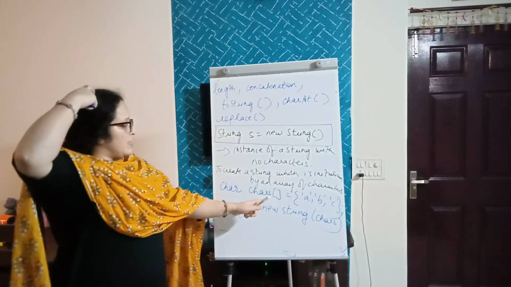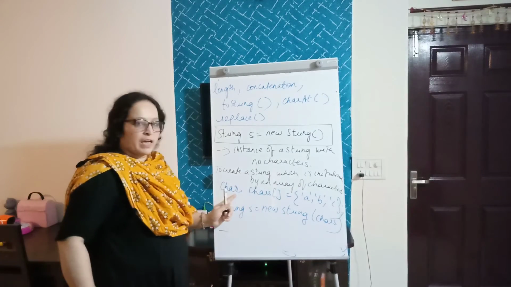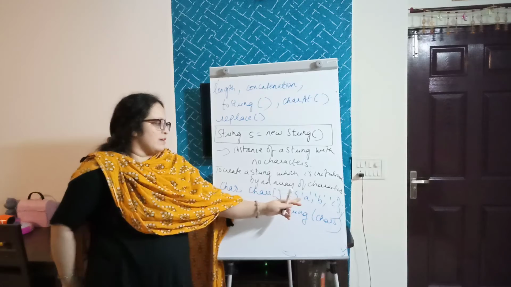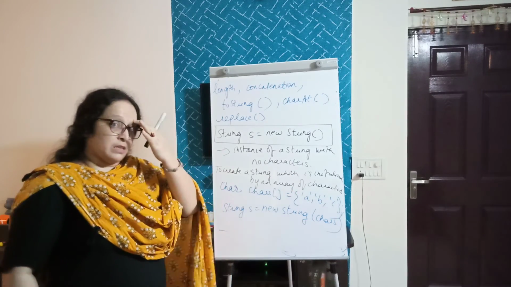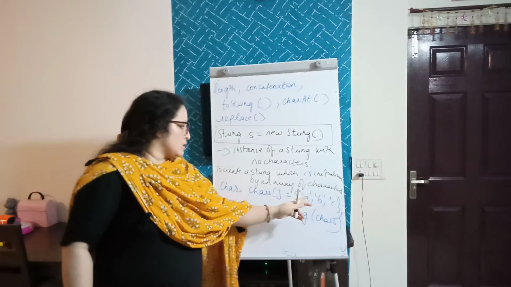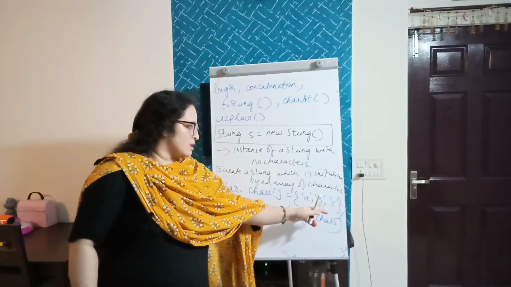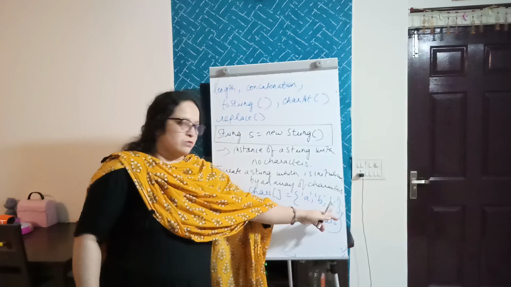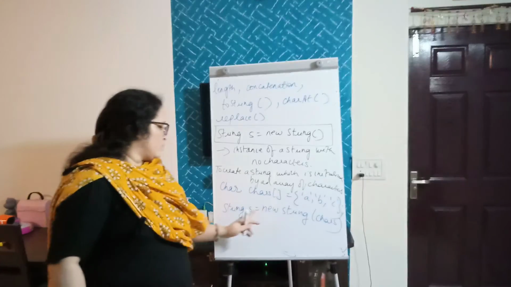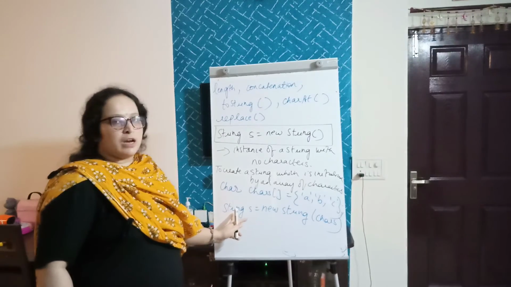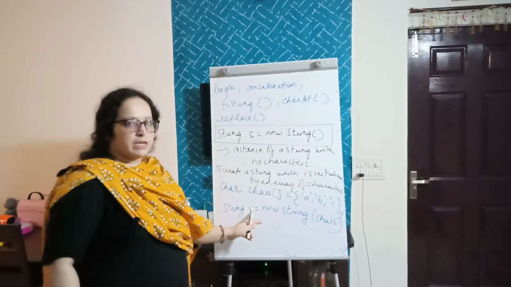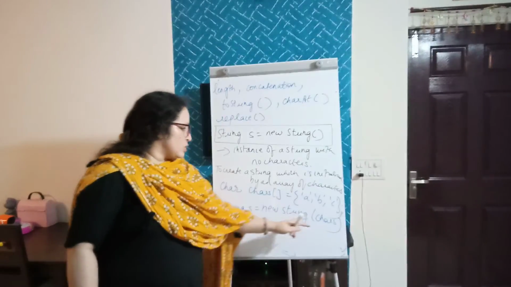We have taken an array with the name chars which is of character type. Character type, therefore we have taken single quotes over here because we are storing different characters in that particular array. So the first character we have stored as A, the second character as B, the third character as C. Now, when you declare this particular string, the object of this particular string, I told you String is a class. So we declare the object as s.